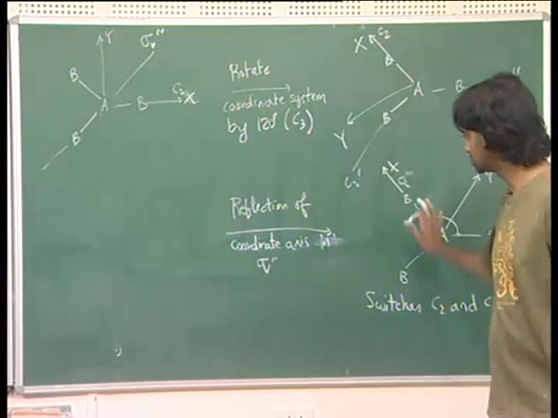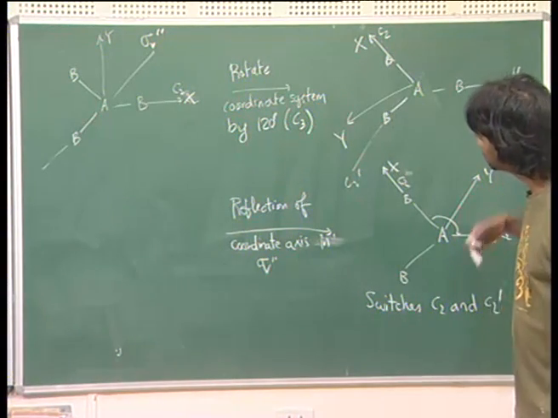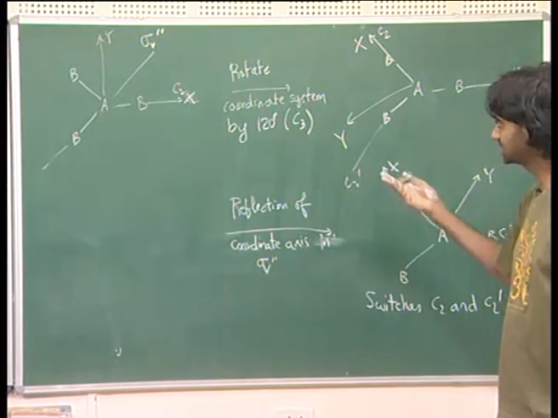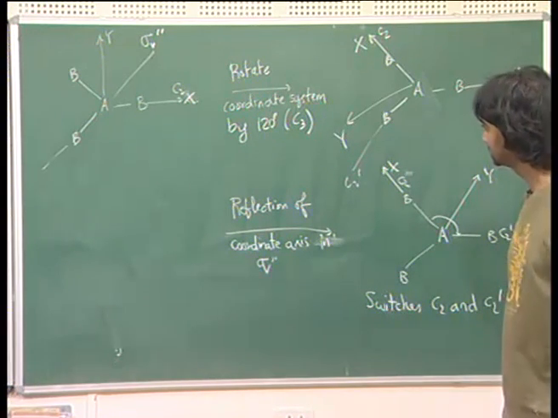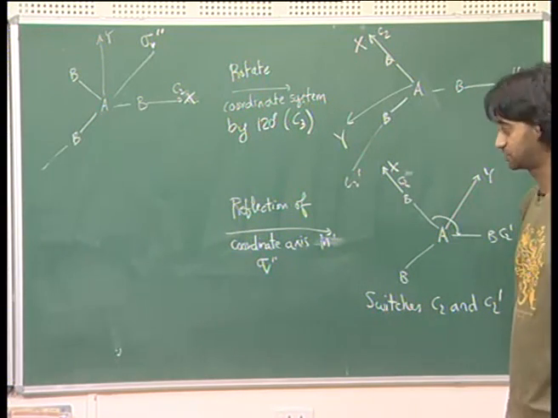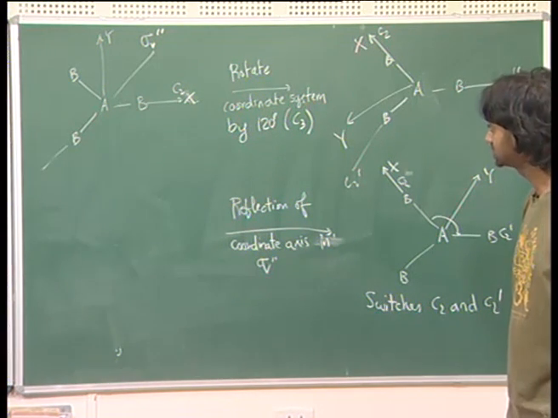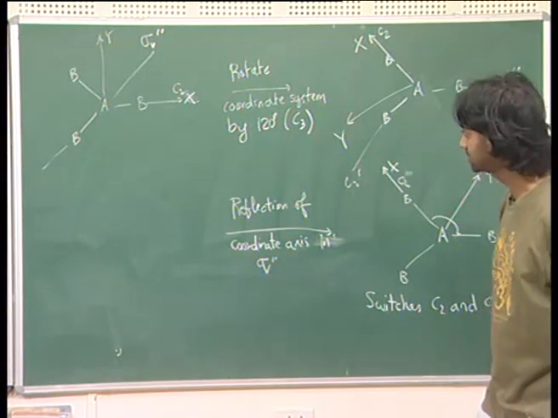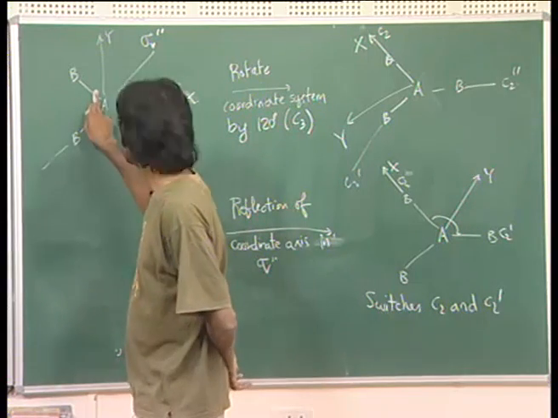So this is the geometric meaning of two elements being in the same class: if you apply a transformation to a coordinate system, and that transformation is generated by a symmetry element, then these two elements will be switched by this transformation. Now suppose you have to show that C3 and C3 square are in the same class, you can use the same method. C3 corresponds to rotation by 120 degrees.